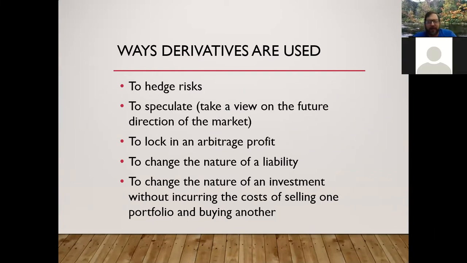And so a lot of times these are not markets that are very liquid. So it's going to be hard to find a buyer. And if I do, they're probably going to want a much better price because of the illiquidity or whatever. And so what I can do is use derivatives as a way for me to get whatever it is I'm trying to get. Maybe I want more of a cash flow than I could normally get, or something like that. So I can use this to change that type of investment.